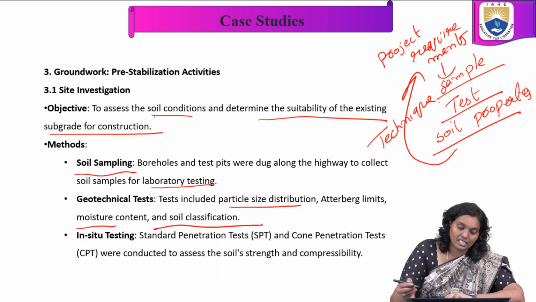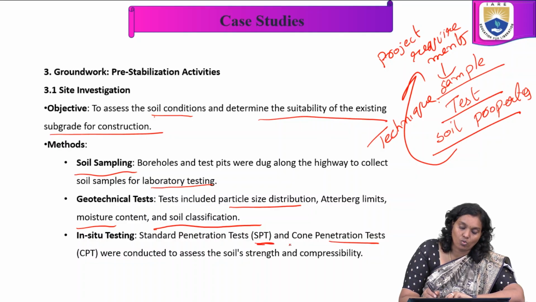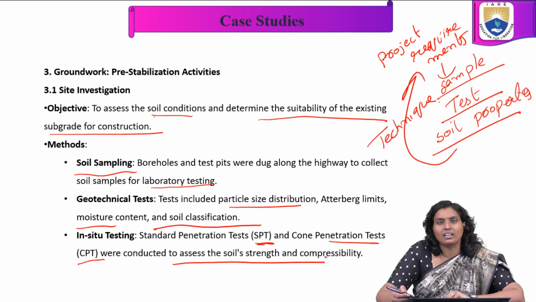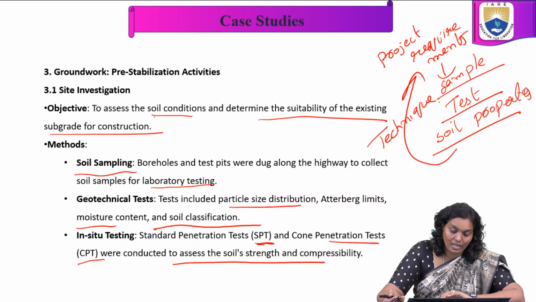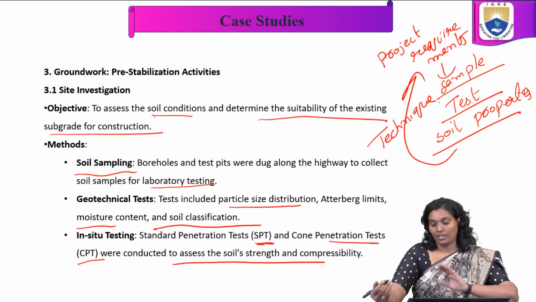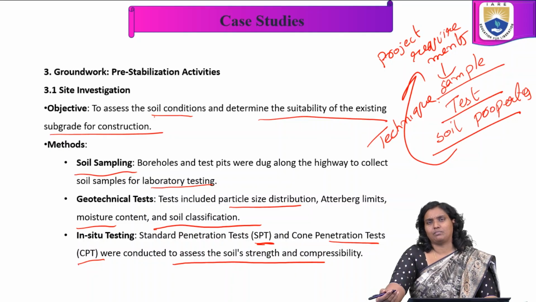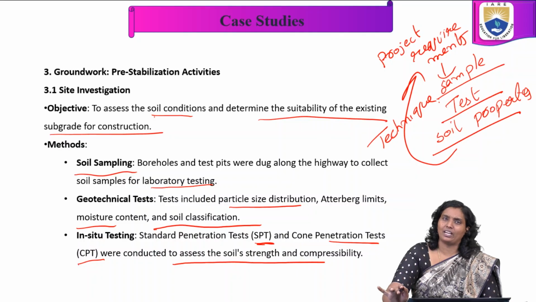In situ testing, standard penetration test and cone penetration test, were conducted to assess the soil strength and compressibility. What kind of property we want determines what kind of test we conduct.